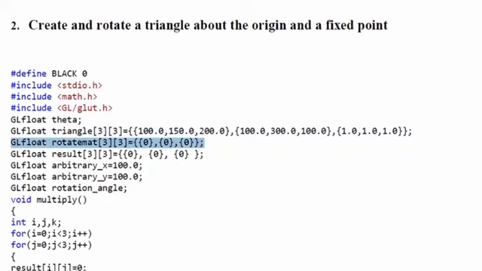Then in the next line, we are going to store the rotated matrix of the triangle, which is again a 3 by 3 matrix. Then whatever we get after multiplication of the original and the rotated triangle, we are going to store that into the resultant matrix. That should also be 3 by 3.